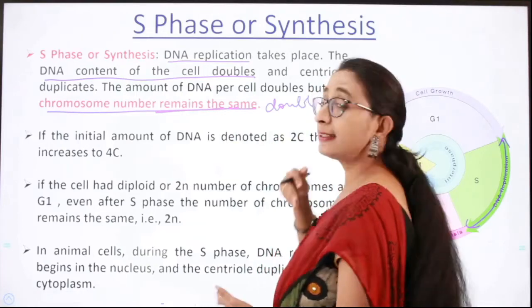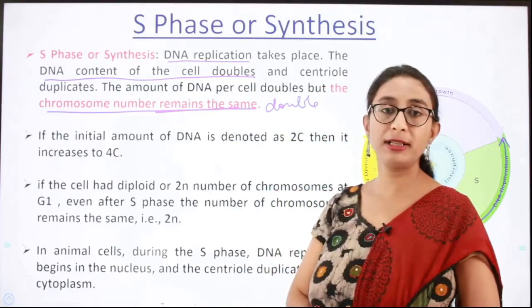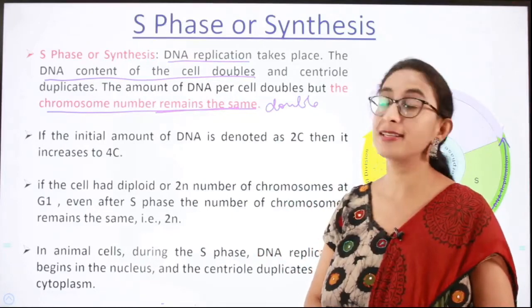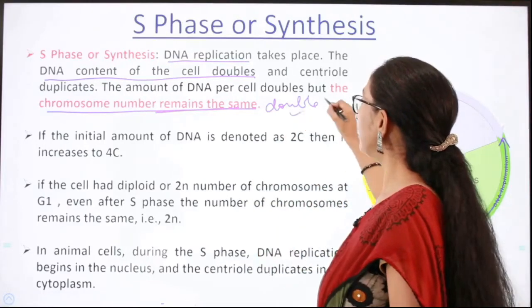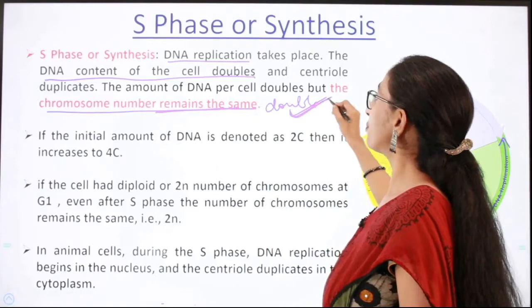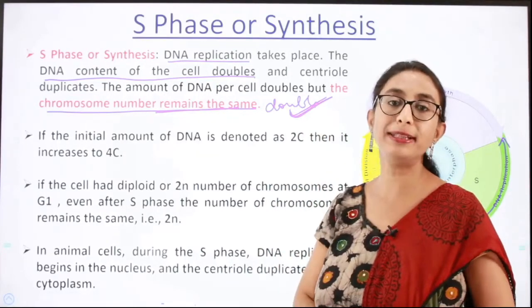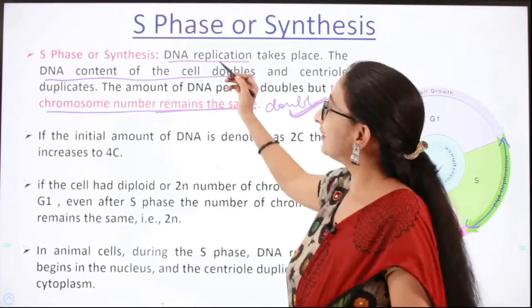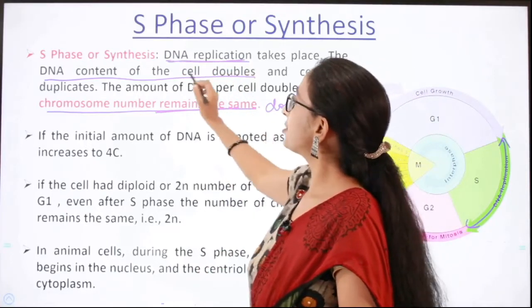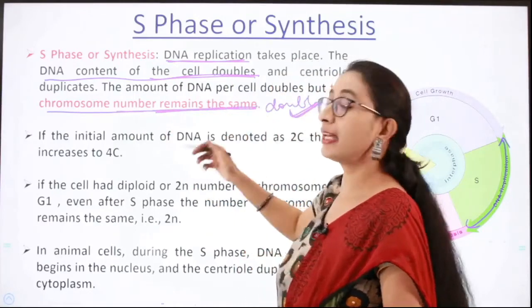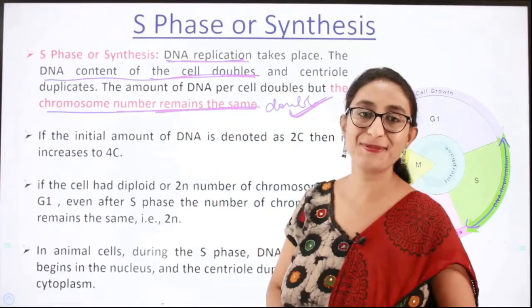Now they will ask you, choose the wrong option among these. Choose a point which does not happen during S phase. So what does not happen? The number of chromosomes does not increase, it remains the same. So the fourth option will be the right option, whereas the other three, that is DNA replication, the content of DNA doubles, and chromosome number remains the same, are all correct statements.